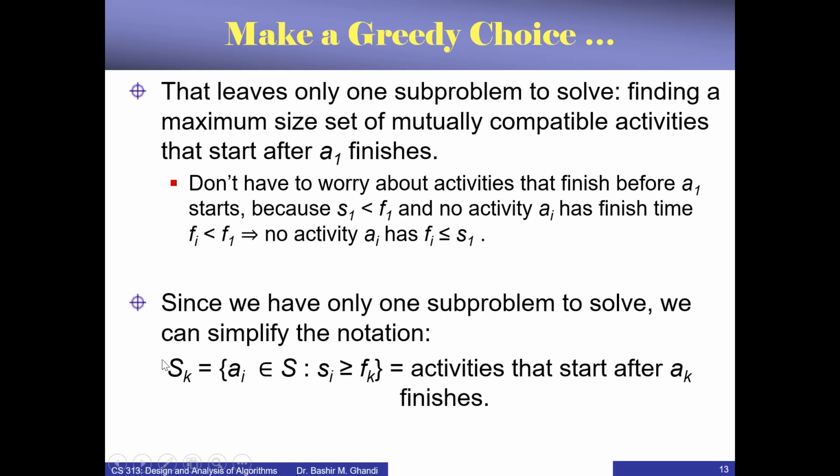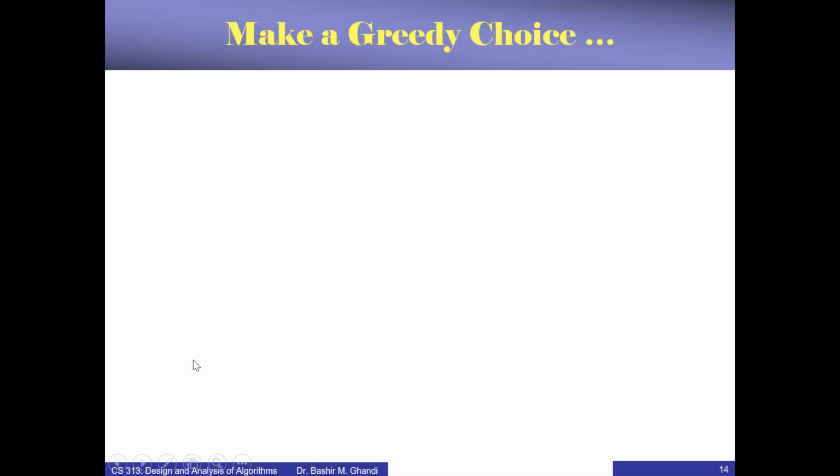Instead of using the original notation of Sij, where we have two subproblems, now we just use Sk. So Sk is the set of all activities Ai whose starting time is after Fk. This is after we have chosen Ak to be among the compatible solution. Then we are left with only one subproblem, the problem of finding mutually compatible activities in Sk.